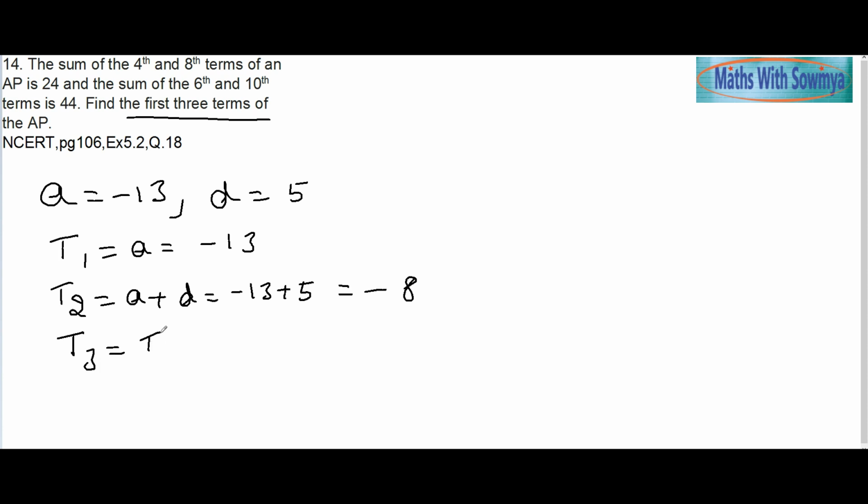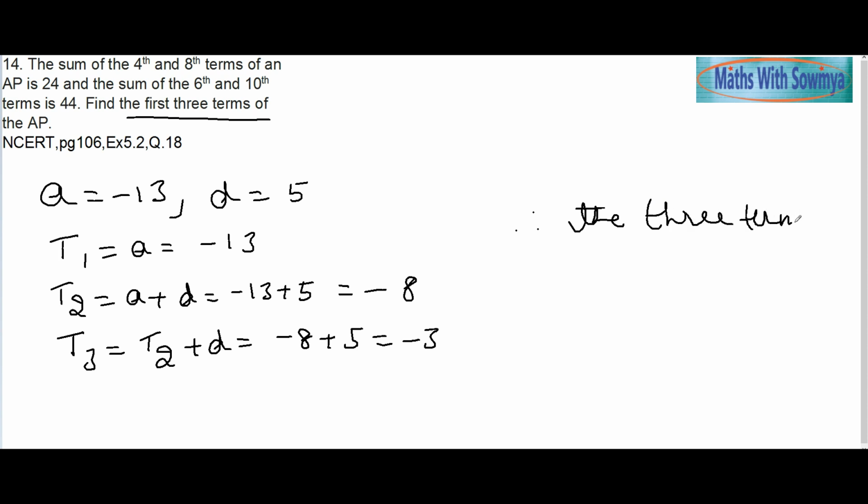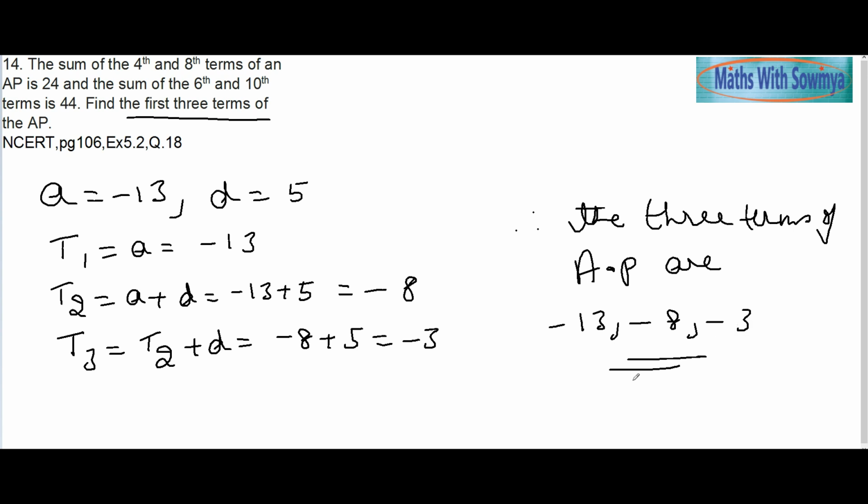The third term is the second term plus D, minus 8 plus 5, minus 3. Therefore, the 3 terms of the AP are minus 13, minus 8, minus 3. This is the answer.